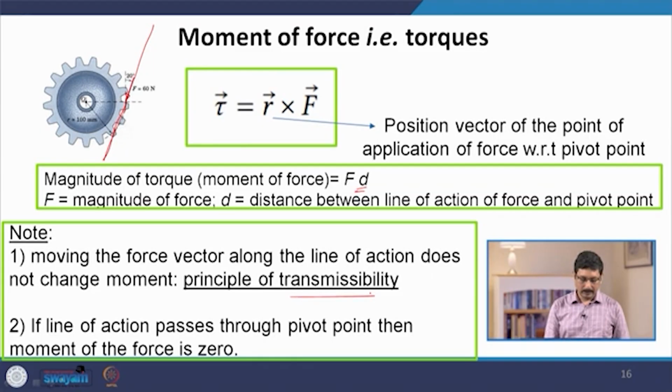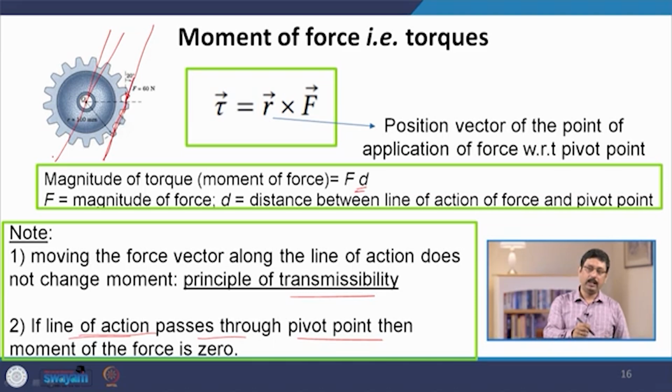Second, if the line of action passes through the pivot point, then the moment of the force, that is the torque, is 0. Why? Because if the line of action passes through O, then the distance d from O is 0, hence the torque is 0.